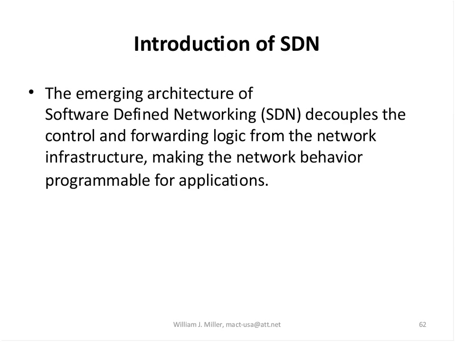Okay, SDN is basically something new that not everybody's aware of. I think it's probably the hottest topic in the market right now. It's decoupling the control and forwarding logic for the network infrastructure, and this allows the network's behavior to be programmable from an application.